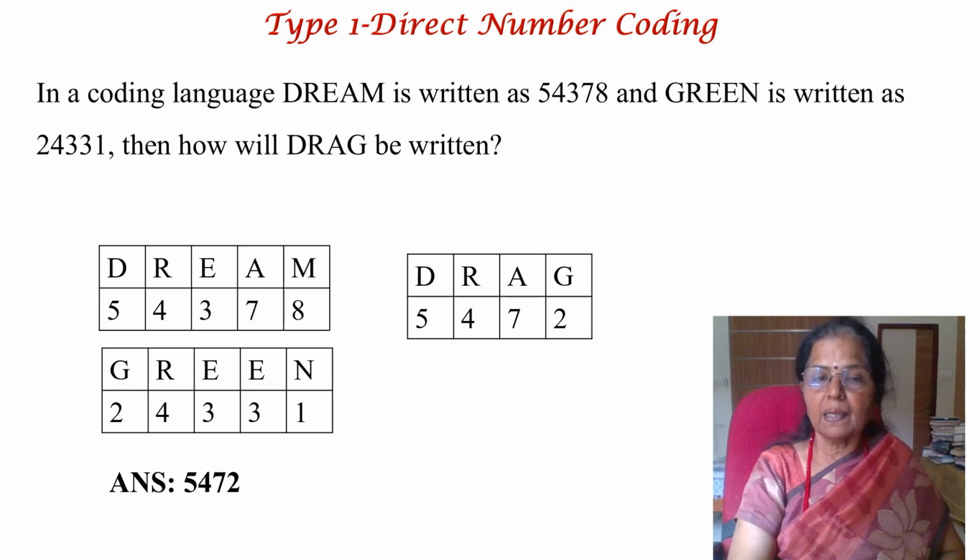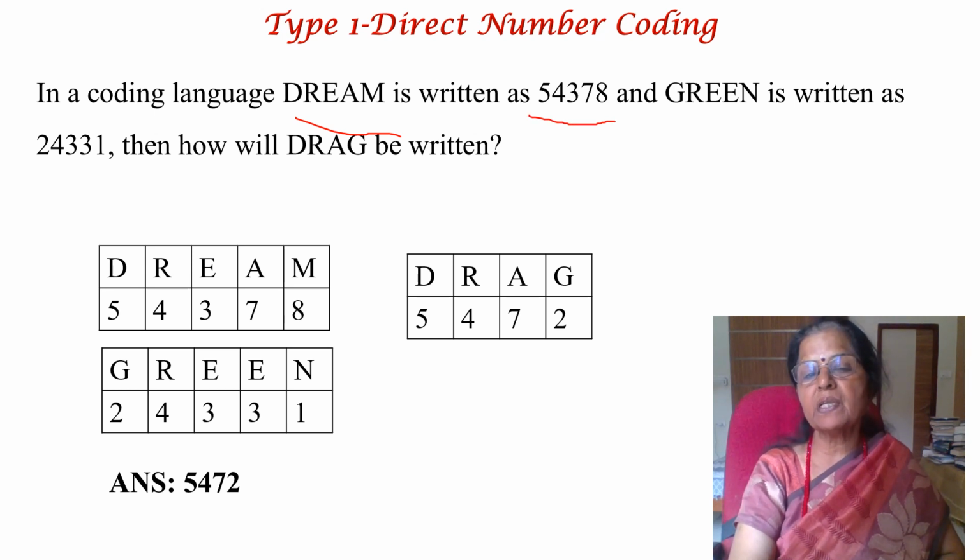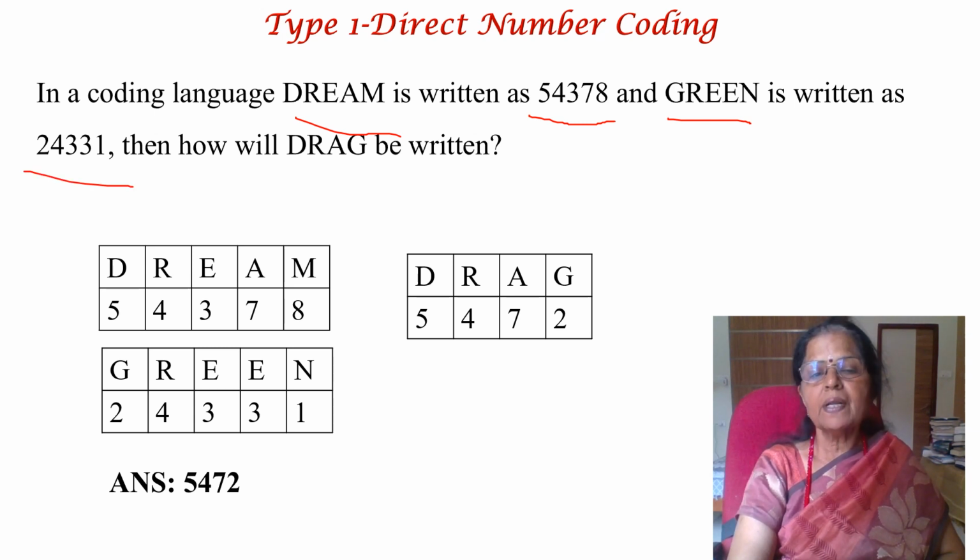In a coding language, the word dream is written as 54378, and one more code is given: the word green is written as 24331. How will the word drag be written? That is the question.